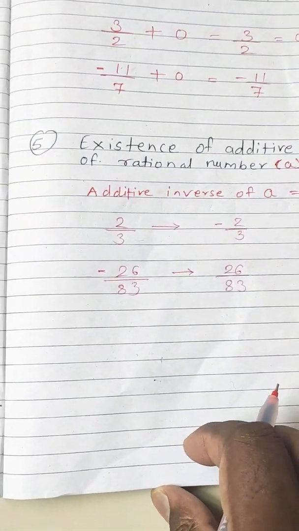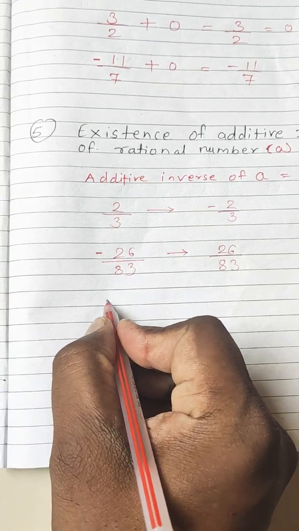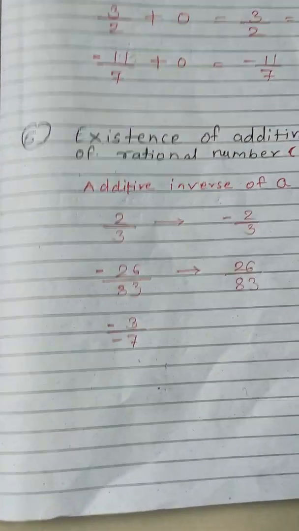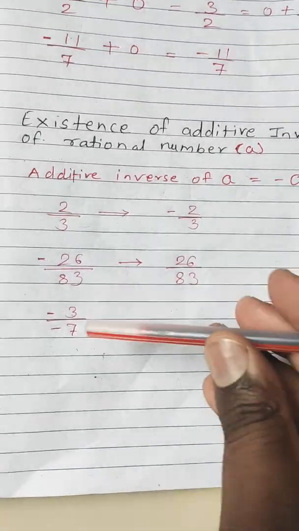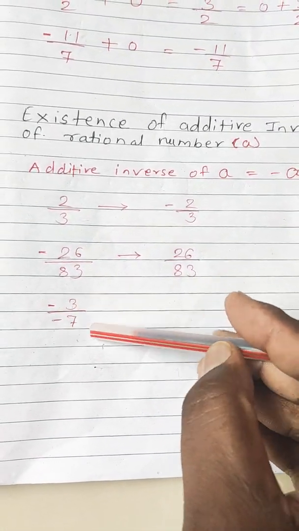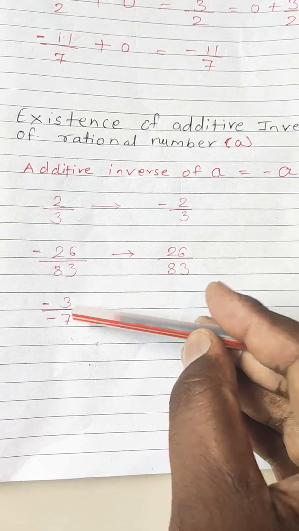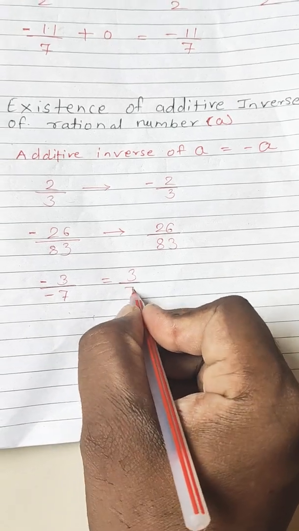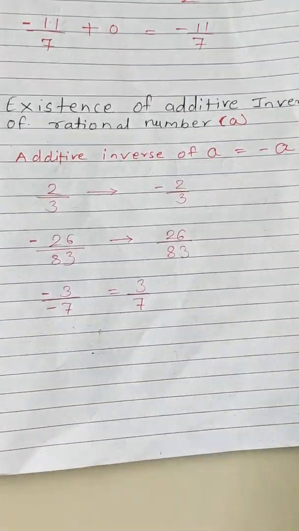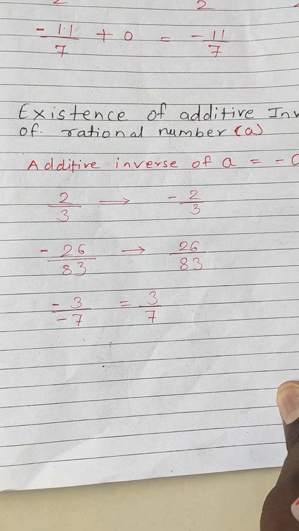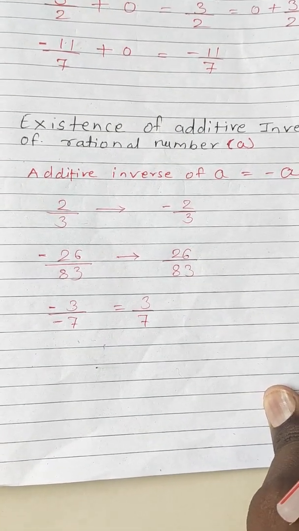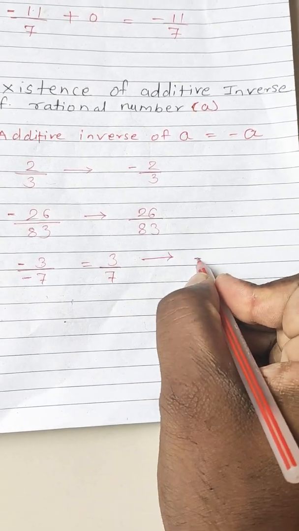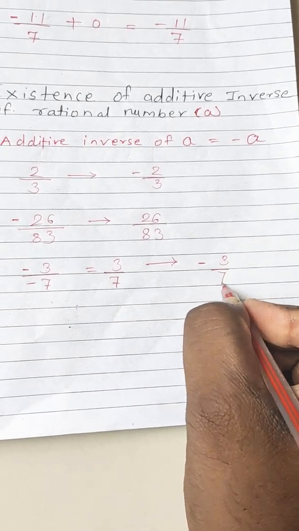And in case there is minus 3 upon minus 7, actually both have the same sign. If both same signs are there, that means it is equal to the positive number, because minus minus will get eliminated. So it is 3 upon 7. Got it? And its additive inverse is minus 3 upon 7.